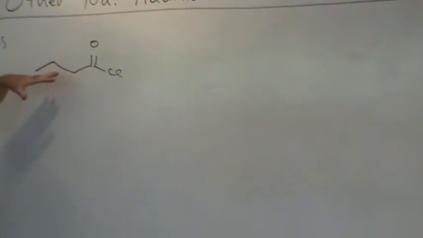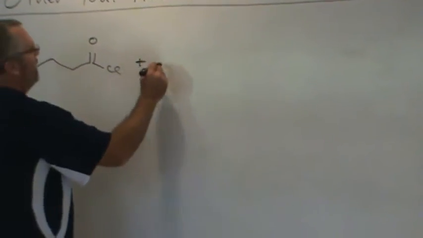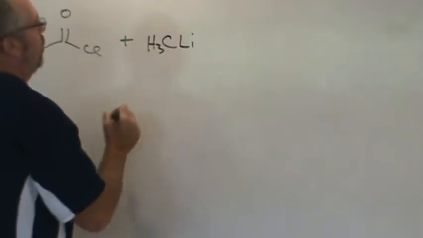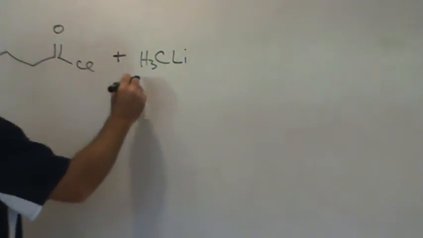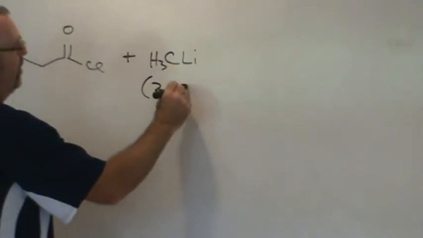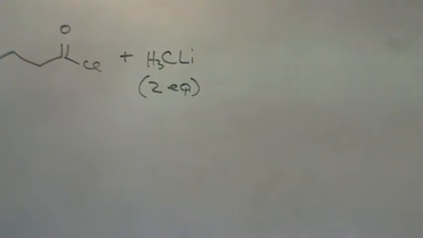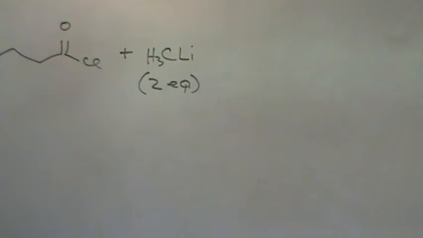I've got butanoyl chloride here, the acid chloride of a 4-carbon carboxylic acid, the acid chloride of butanoic acid. And what I'm going to do is react it with an excess of the corresponding methyl lithium. So I could say 2 equivalents here, or I could say excess, anything along those lines would indicate I know what I'm doing.